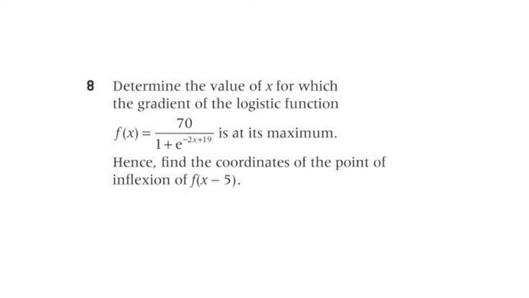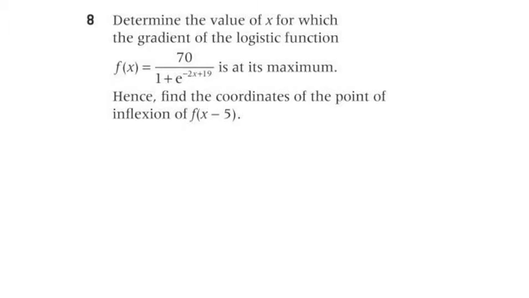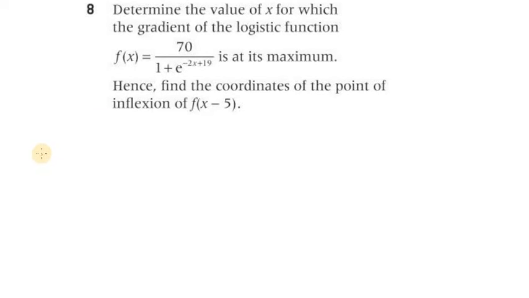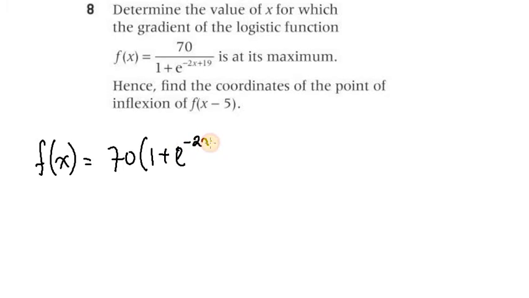The gradient function will be the derivative of f(x). I will rewrite f(x) as 70 times (1 plus e to the power of negative 2x plus 19) to the power of negative 1. I will use the chain rule for this.